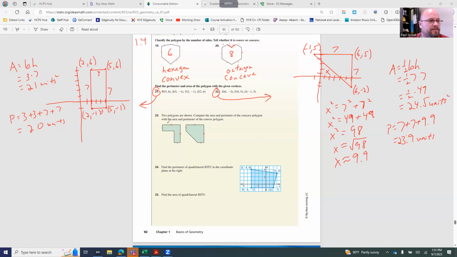Now, 23. 2 polygons are shown. Compare the area and the perimeter of the concave polygon with the area and the perimeter of the convex polygon. So notice the big difference here is the other one went in like that. All those dimensions are the same. What's different though is the area on this second figure is greater.